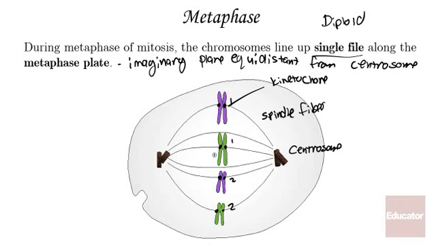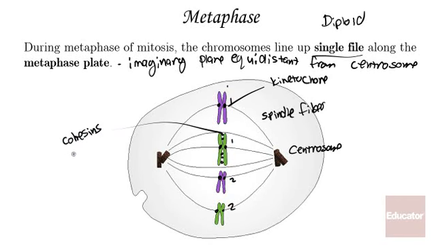In this drawing, the sister chromatids are shown for clarity as having a little bit of space between them, just so you can differentiate that there are 2 sister chromatids. But in reality, they're actually held pretty tightly together by proteins called cohesins.